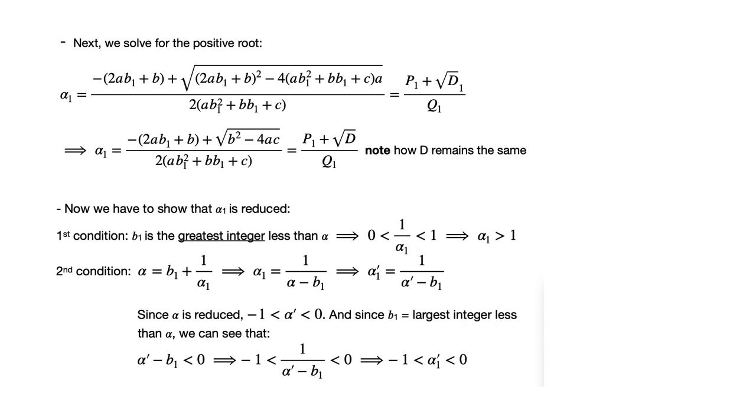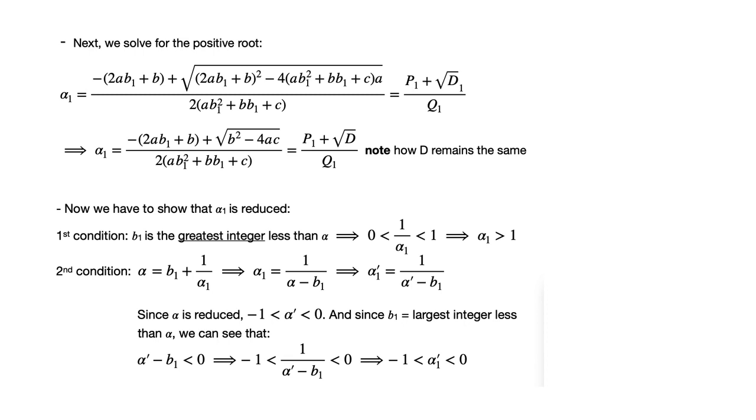So, since b1 is the greatest integer less than alpha, therefore 1 over alpha 1 is between 0 and 1. So alpha 1 is greater than 1. Next, alpha is equal to b1 plus 1 over alpha 1, and after rearranging, we can see that alpha 1 is equal to 1 over alpha minus b1.